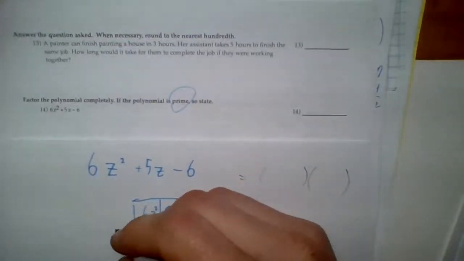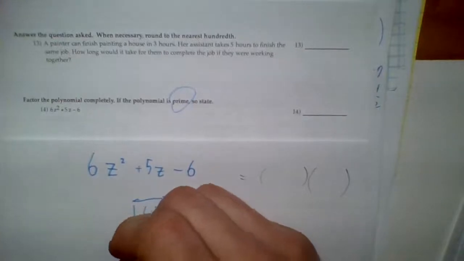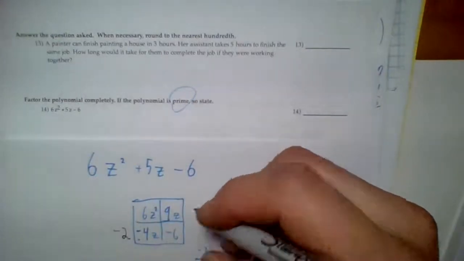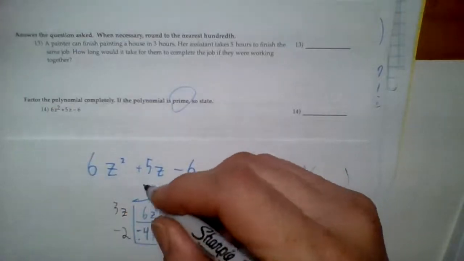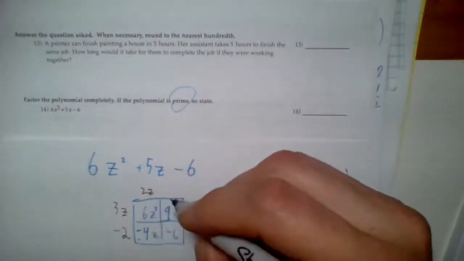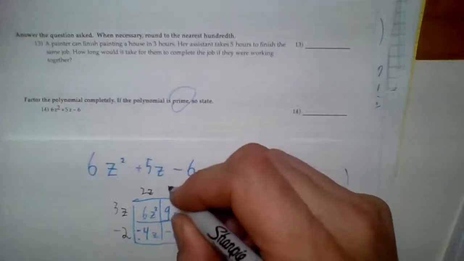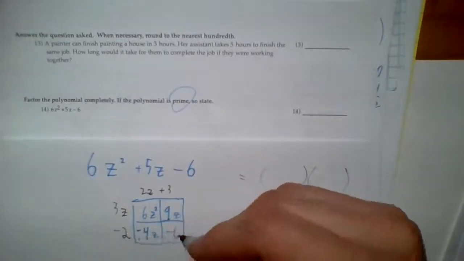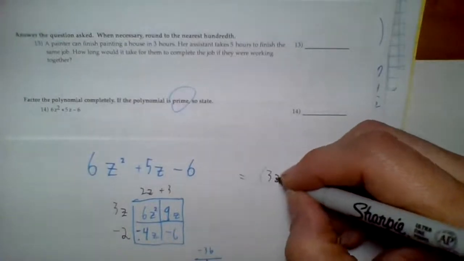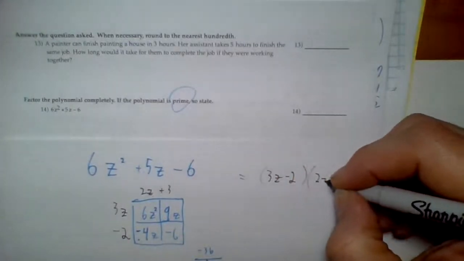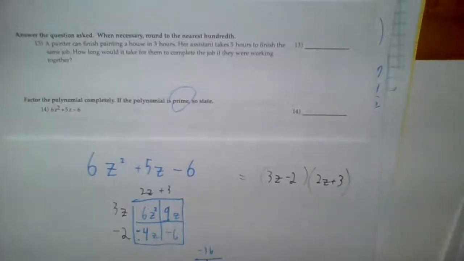Minuses are in this row, so I'll have a minus on this row. Negative 2, they're both divisible by 3z goes into these. 2z goes into both of those. And just the number 3 that works here, that's a plus 3 because I already got the minus across the row. So there we got 3z minus 2 and 2z plus 3.